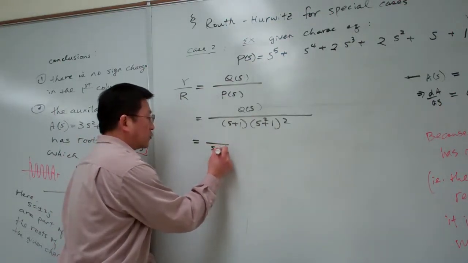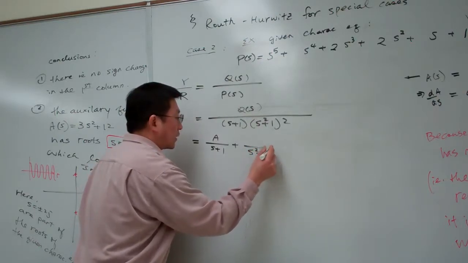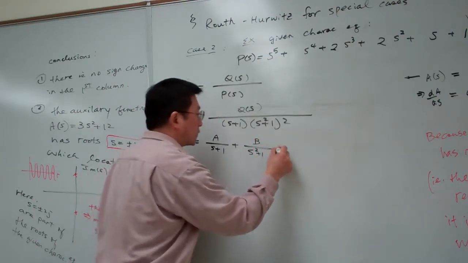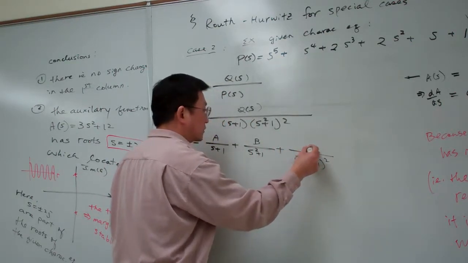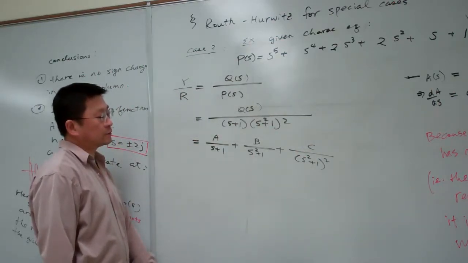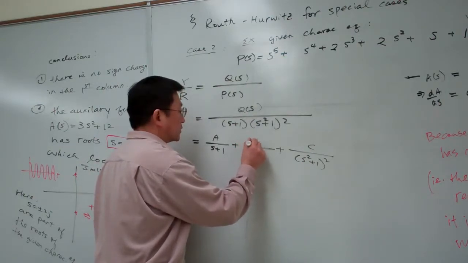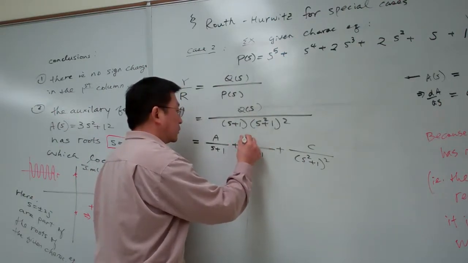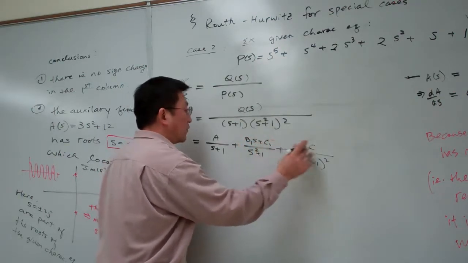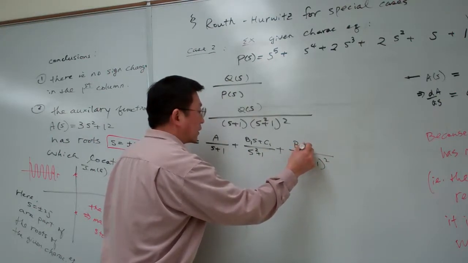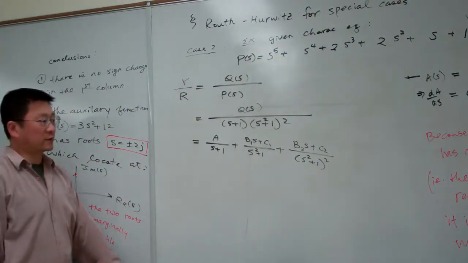That is A over (s plus 1), and then B1 s plus C1 over (s squared plus 1), and then we repeat it, so we have B2 s plus C2 over (s squared plus 1) squared. So we try to do the complete factorization.